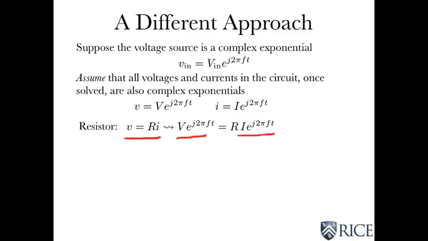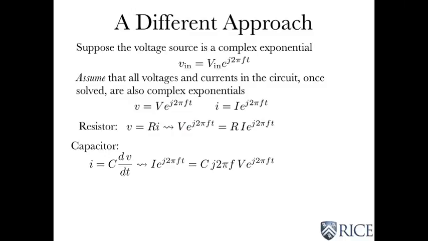And it turns out it is consistent as long as the complex amplitude of the voltage is R times the complex amplitude of the current. Now the other thing to notice is I can cancel these complex exponentials. And there is explicitly the relationship between the current and voltage complex amplitudes.